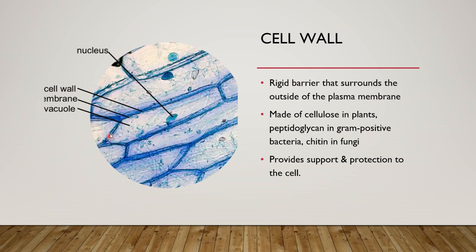The inner portion of this plant or onion's root cell would be the cell membrane that contains the phospholipid bilayer. The outside of that cell membrane contains the rigid peptidoglycan or cellulose in a plant, in this case, that creates a rigid structure that keeps the cell from being crushed as well as protects it from the elements.